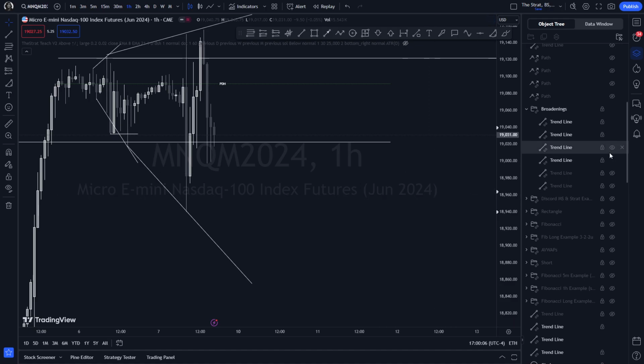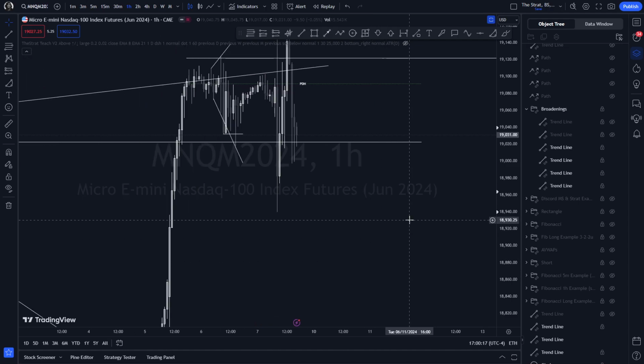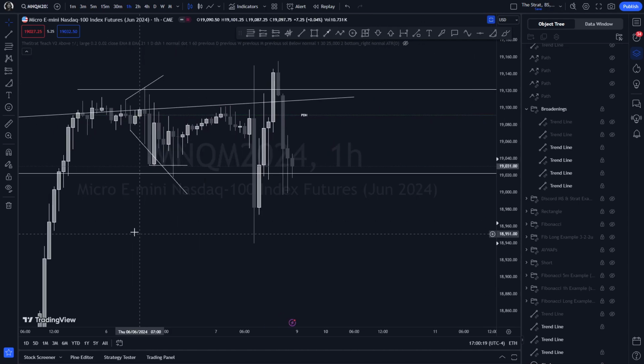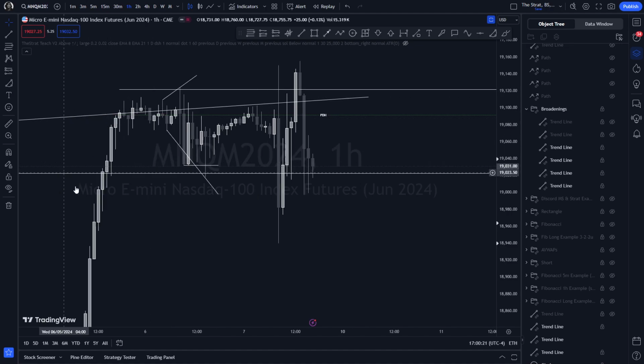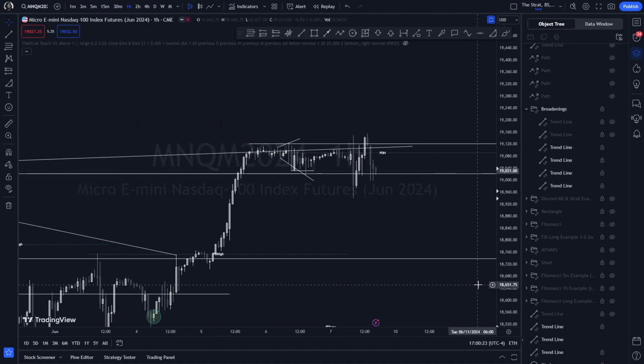Okay, so previously, this is what we were dealing with right here. We had a high after this run up here, right? From this move here to here.